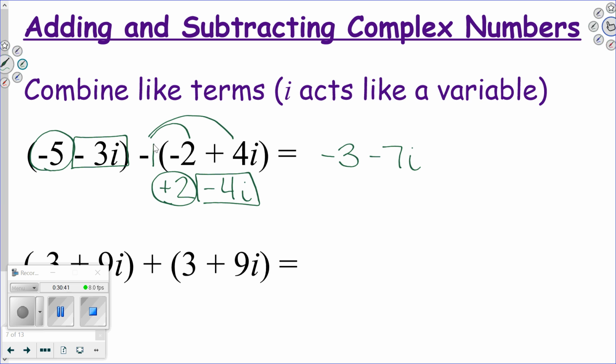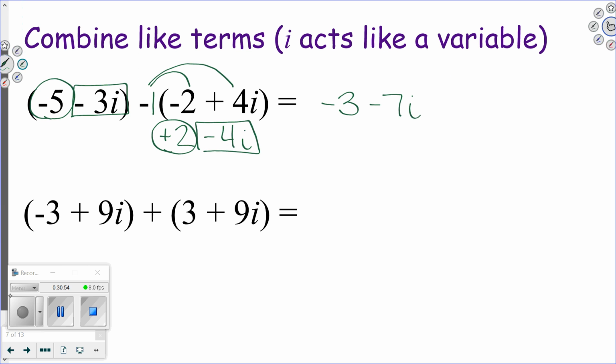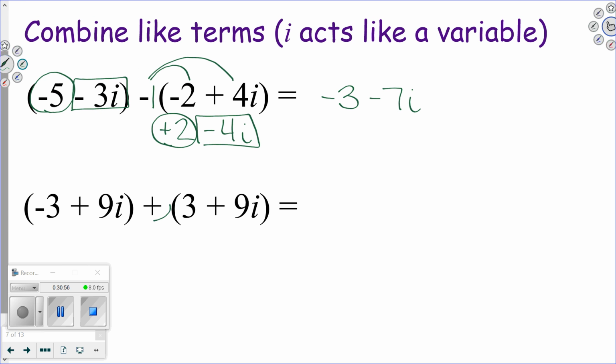When would you actually distribute? When there was no sign. Good, because that absence of a sign, we always assume it's multiply, like 4x. There's no sign in between them, so we assume they're being multiplied. But there's a sign. I'm not multiplying. Do I care about this plus sign? Does it affect my answer in any way, shape, or form? No. If you want to distribute the positive 1, go right ahead. It's not going to change anything.